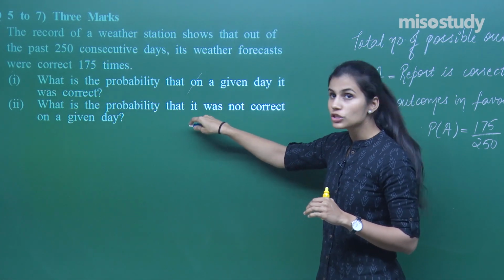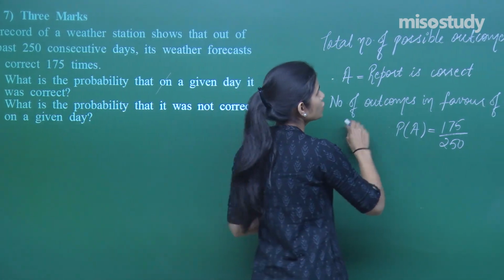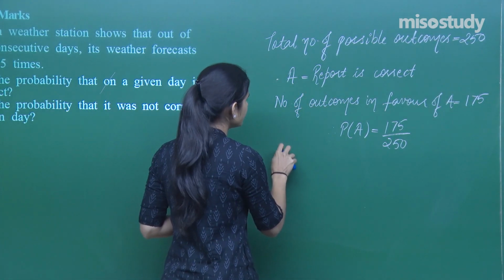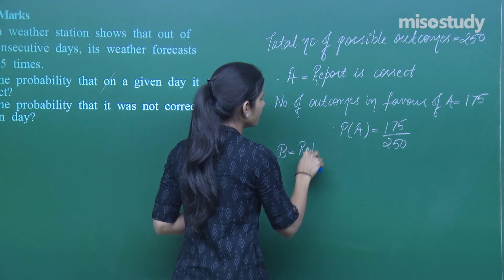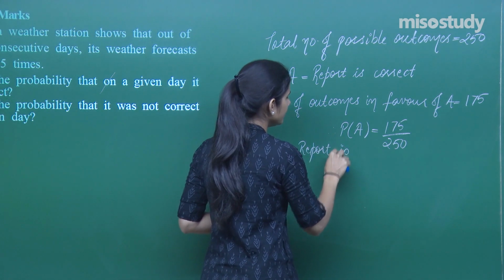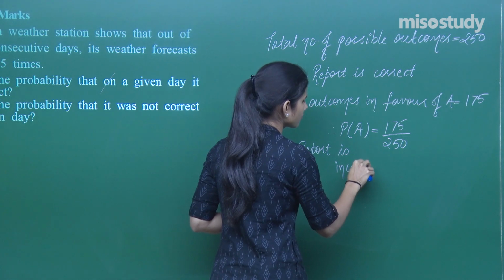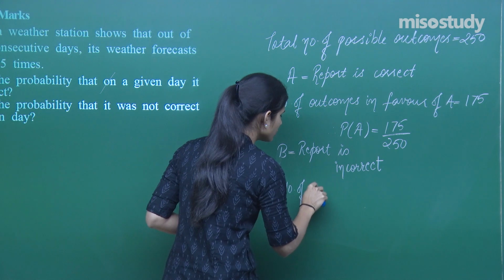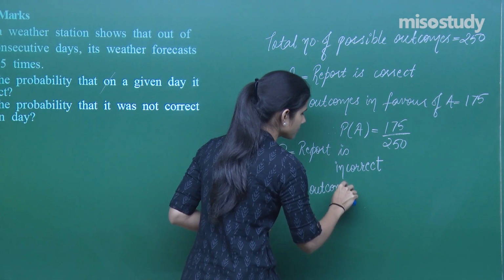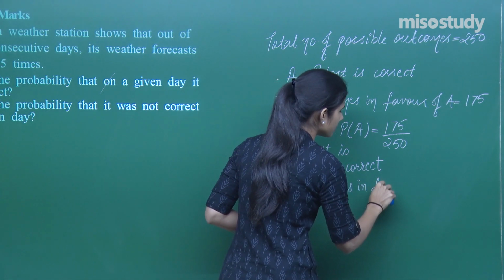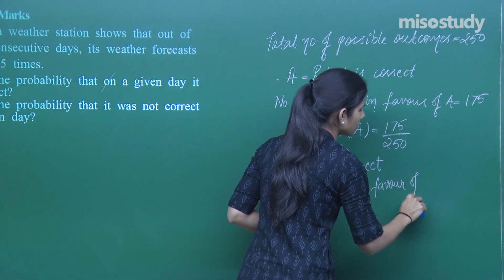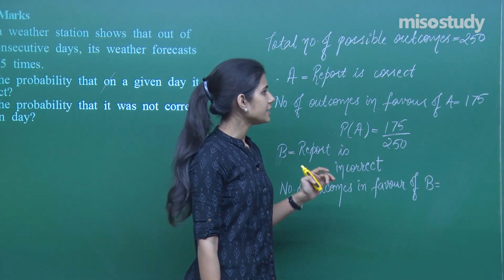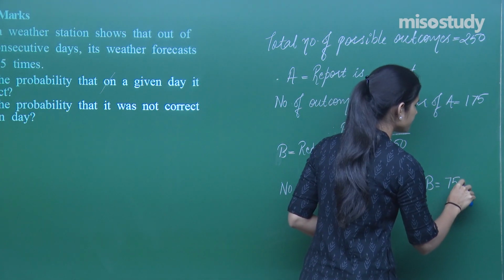What is the probability that it was not correct? Out of 250, 175 is correct. So if I say event B is that the report is incorrect, then the number of outcomes in favor of B is 250 minus 175, which is 75.